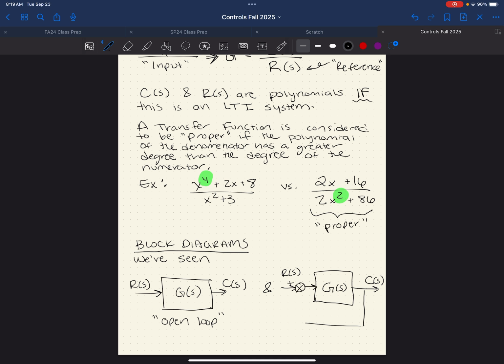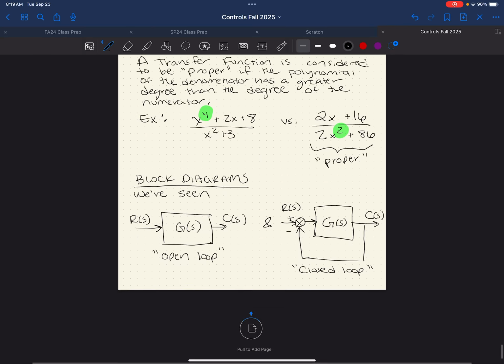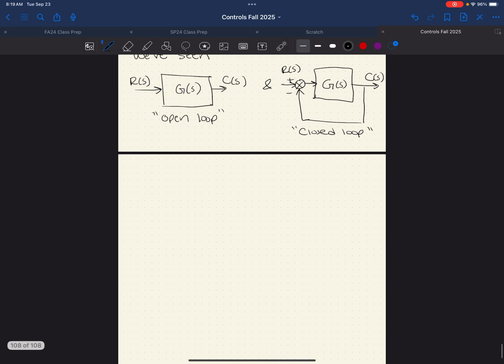This is a summing junction like this, and we call this closed loop. Now these are the two very, very simple versions of these block diagrams. Let's look at slightly more complex block diagrams.